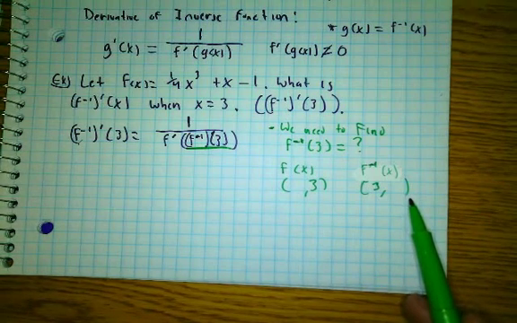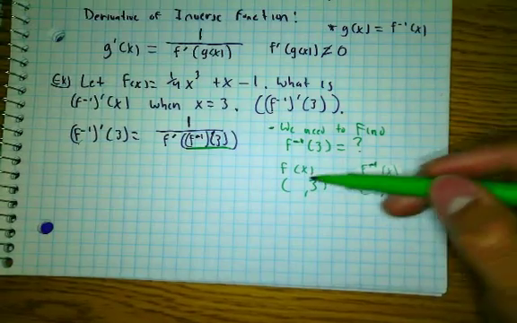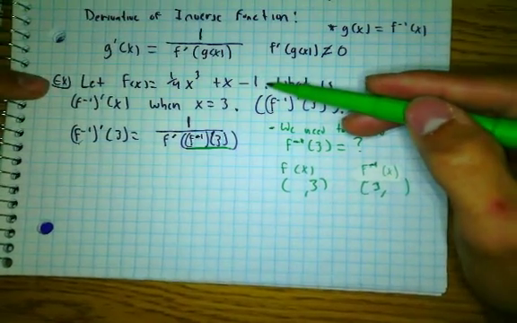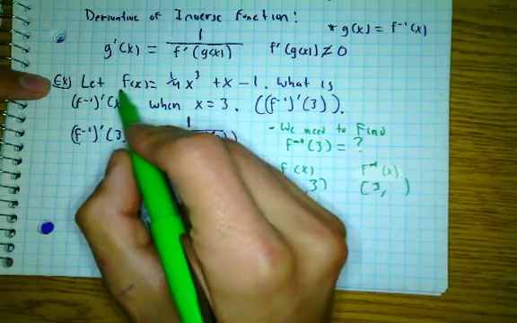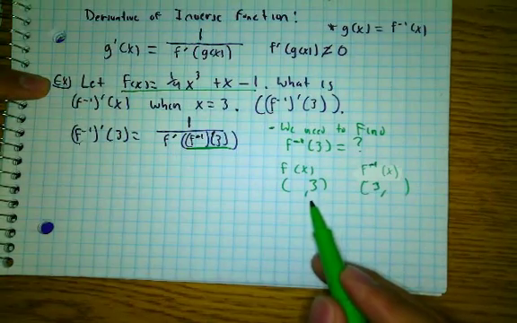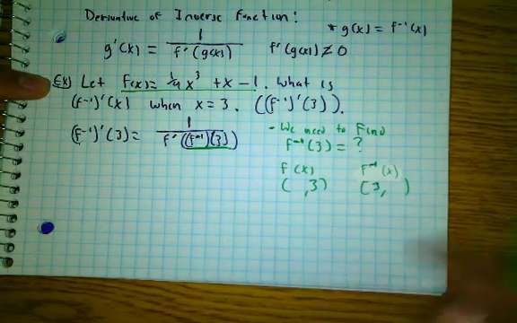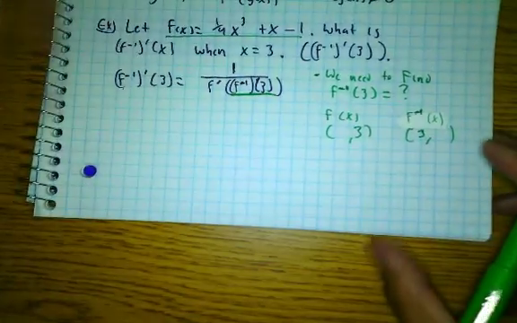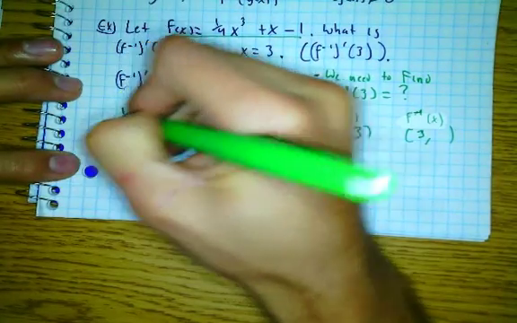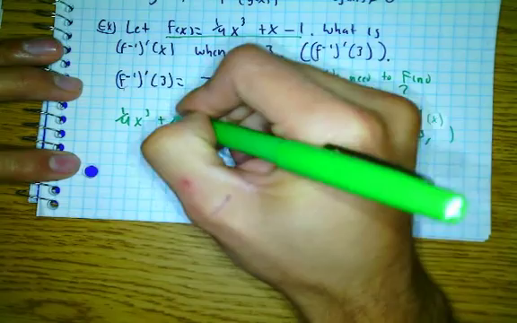Yes? Okay. So if I have the y value of the original function, couldn't you then take this entire function and set it equal to 3? Yes? So then that means we have 1/4 x to the third plus x minus 1 equals 3.